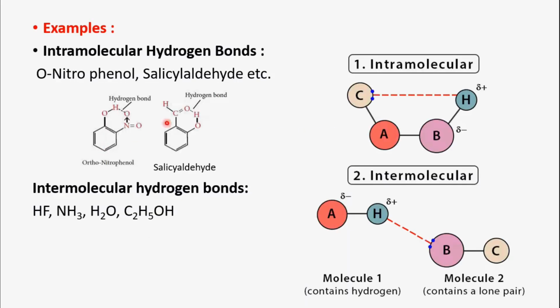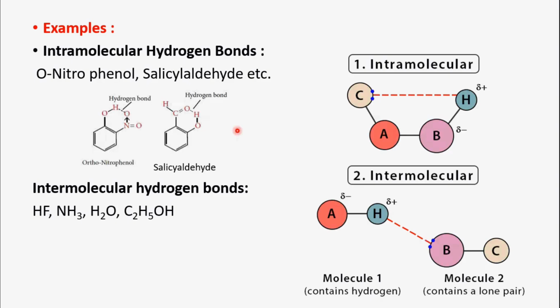Then there are examples of intermolecular hydrogen bonds and intramolecular hydrogen bonds. Now what are intra and inter? Intramolecular hydrogen bond means within the molecule, right? Suppose you are traveling by local train in Mumbai city.